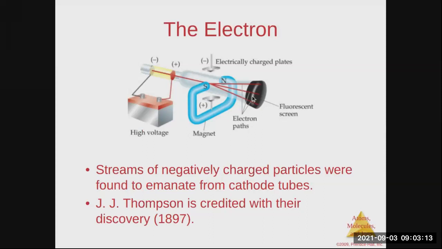So we're passing electricity through, we have a magnet. Now the magnet provides a source of attraction. We also have a negative plate. So we have a positive zone, we have a negative zone, and we have a magnet around this glass tube.